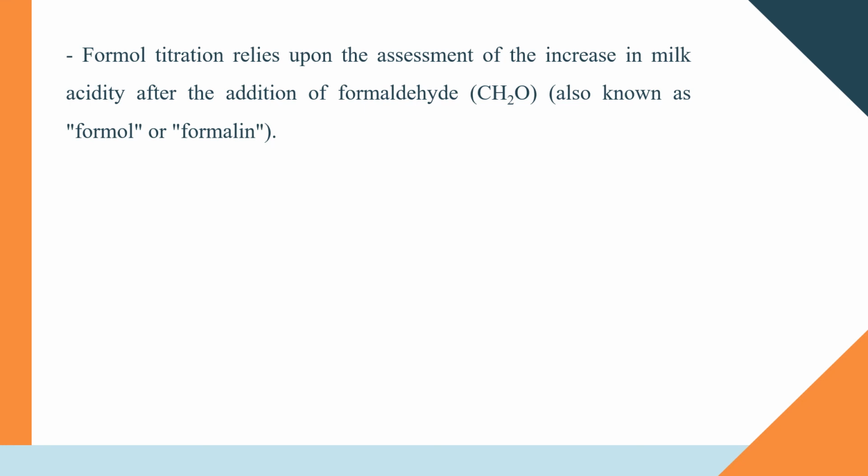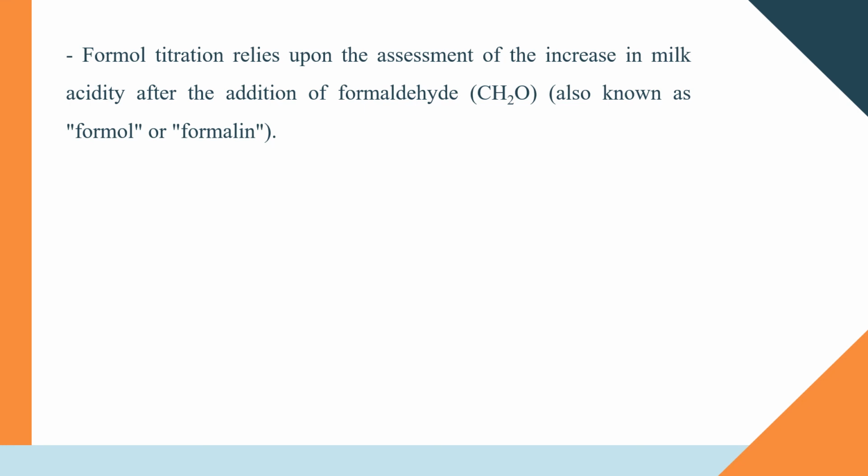In formol titration, we just need to add formol, or formaldehyde, which has an acidic effect, to the solution. Formaldehyde, with its acidic effect, is going to interact with alkaline groups in the side chains of amino acids.